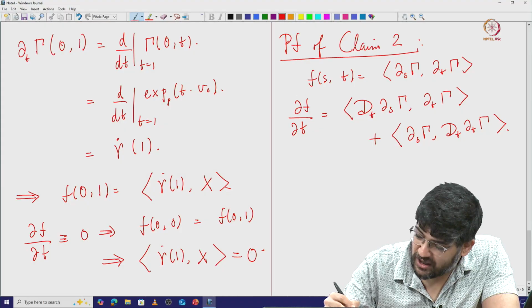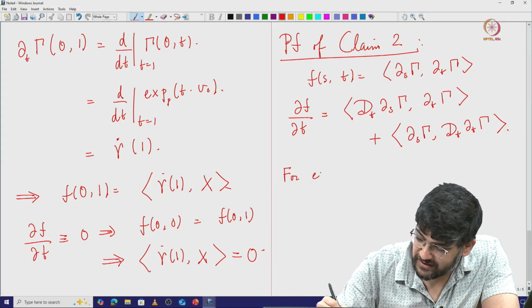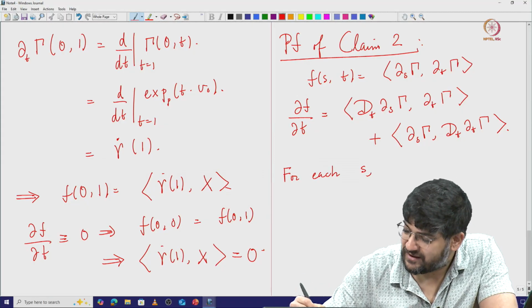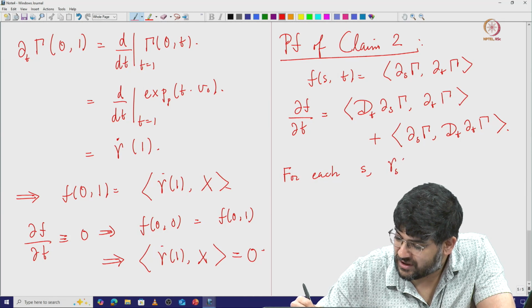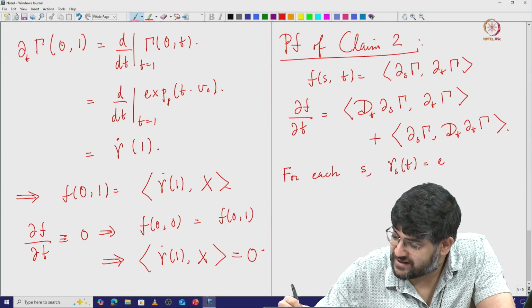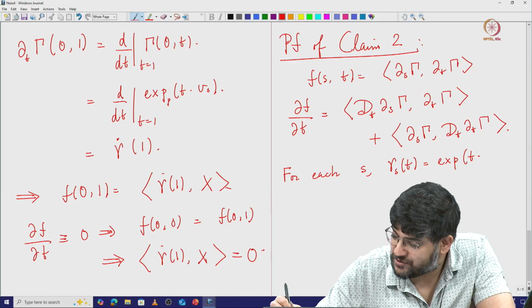But now for each s, gamma s of t is the exponential of t times v of s.